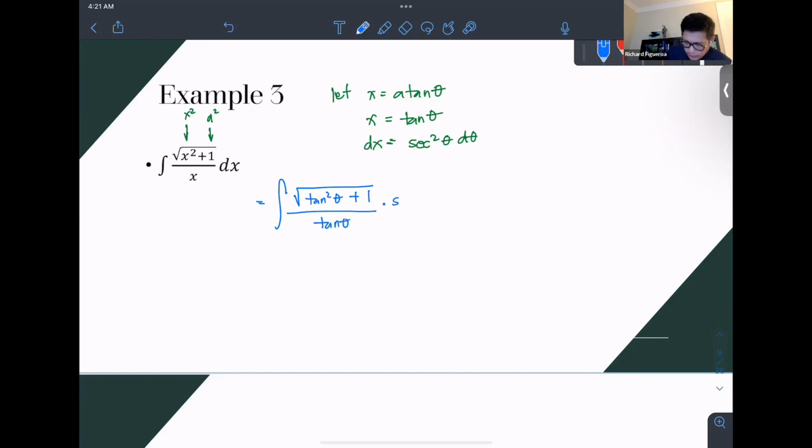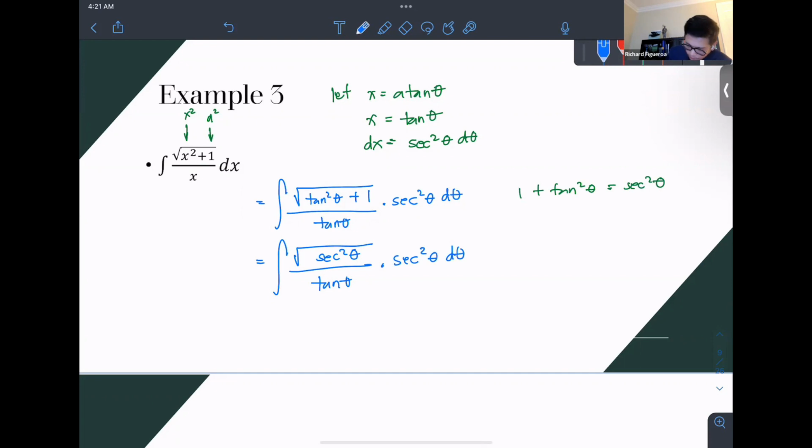So dx is secant squared theta d theta. But then 1 plus tangent squared theta, that is the same as secant squared theta. So we substitute that one. So this is secant squared theta all over tangent theta times secant squared theta d theta.